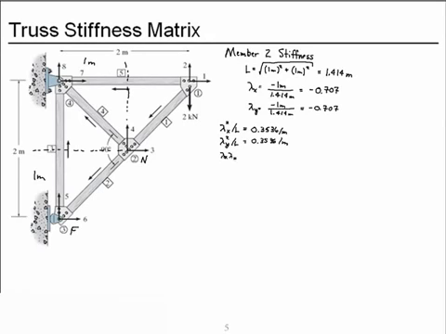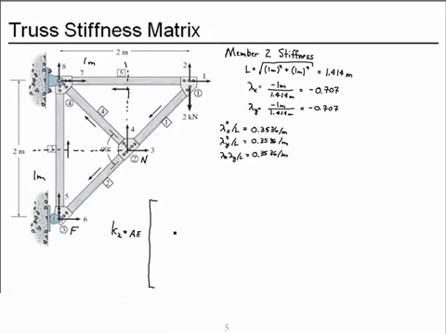Lambda x lambda y over L will also be 0.3536 per meter. So we should expect that the element stiffness matrix in global coordinates will be identical to the one we calculated for member 1.